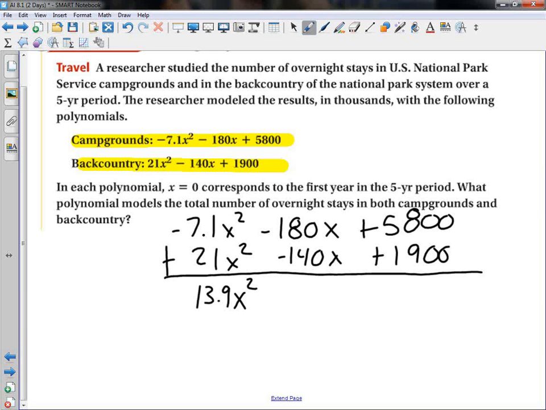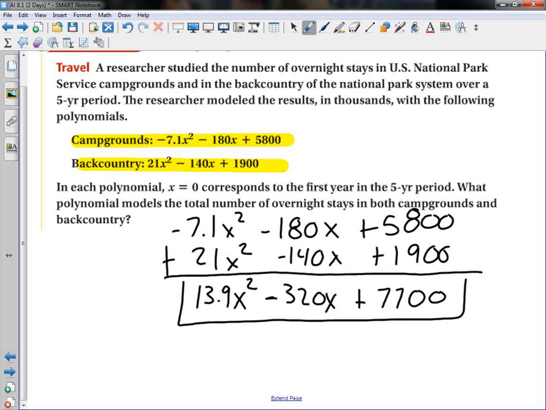Middle part, the x drops down, and I have negative 180 plus a negative 140, which is going to be a negative 320. And the last one, I have 5,800 plus 1,900, which is going to be plus 7,700. And that equation models both campgrounds together. All right, and that's adding polynomials.